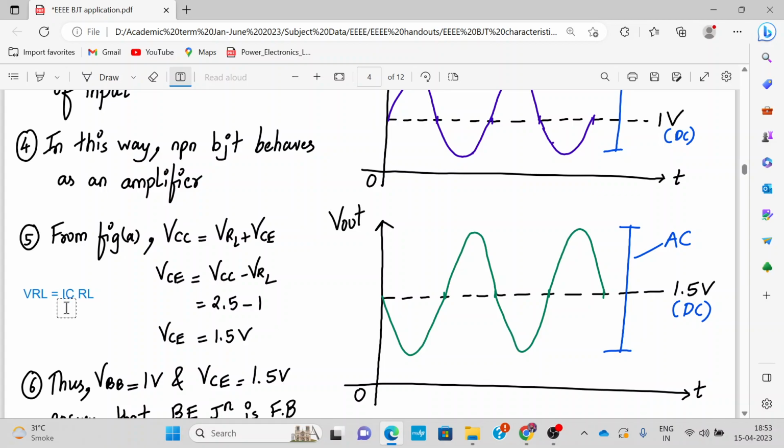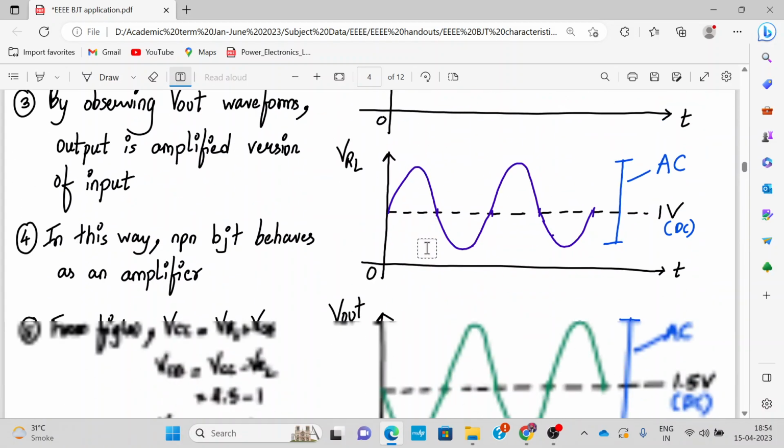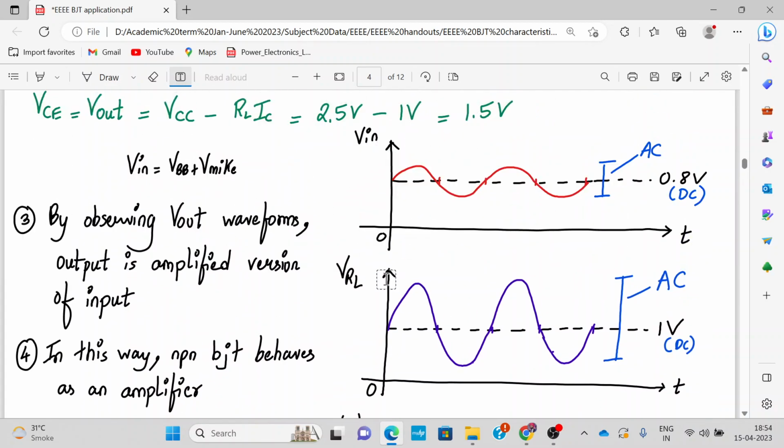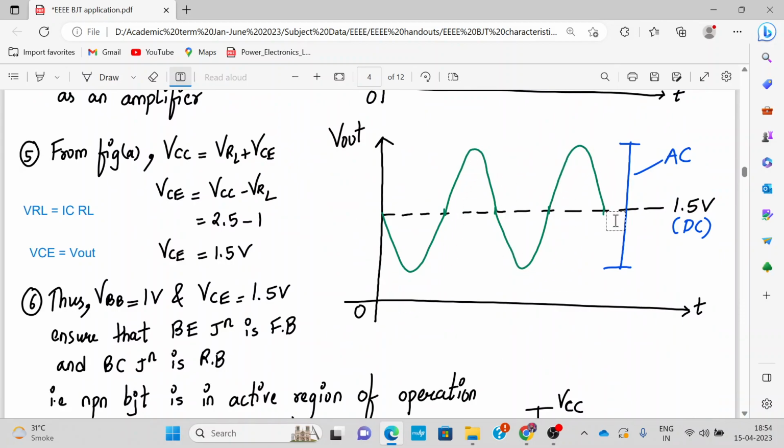So if IC increases, my VCE, which is my V out, should reduce from this expression, and as IC reduces, my V out value should increase. So they are inverted. I mean, if my input increases, my output should reduce. All right. So this is the graph of V out we get over here with the DC value of 1.5, which we have determined over here, and this is my AC amplitude in amplified form.